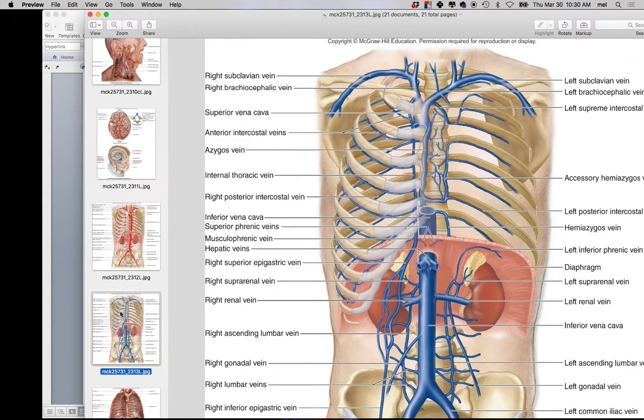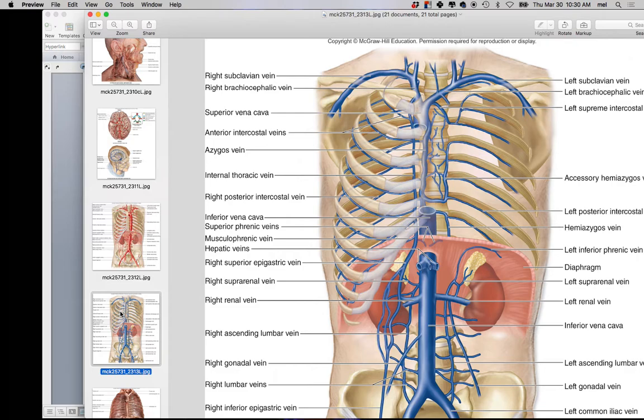But if you're doing the left side, you're going to have a couple more jogs to get over there. So watch the left side. If you're in the upper left ribs, this is generally how it goes. Intercostal, this little guy, which is called the accessory hemiazygos. And then that one goes down, up into the azygos, into the superior vena cava.